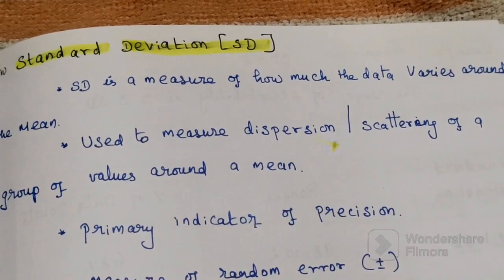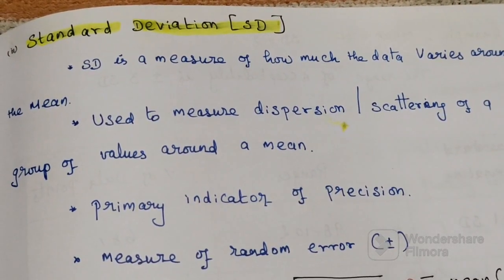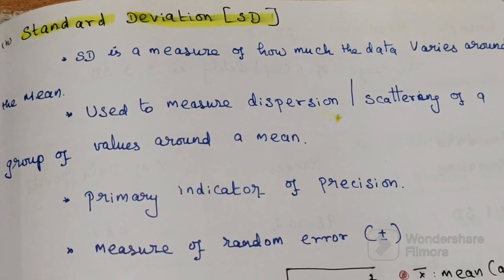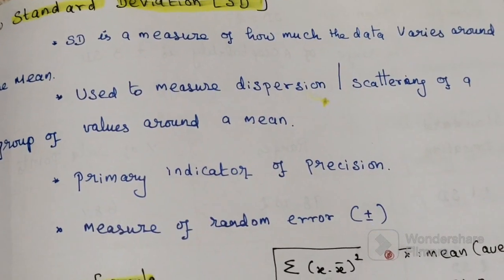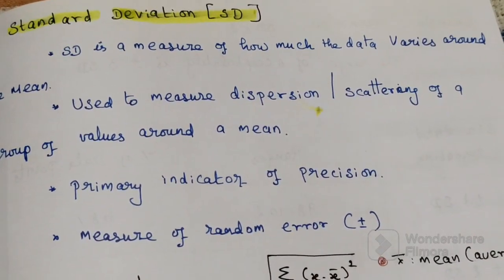It is the primary indicator of precision, and it is a measure of random error, plus or minus.